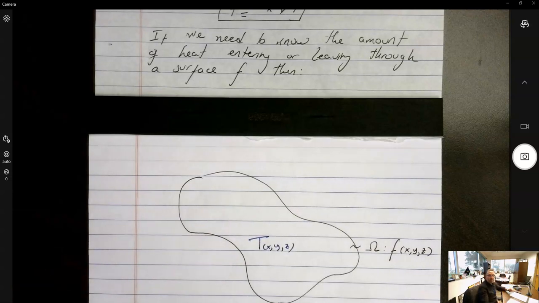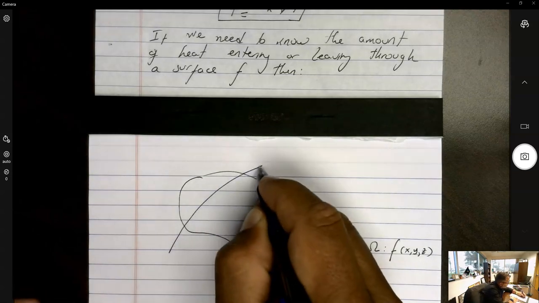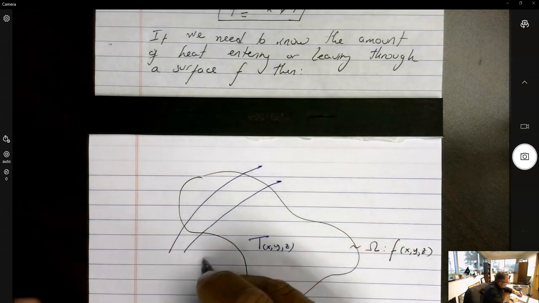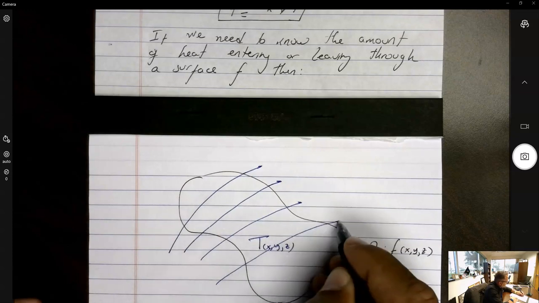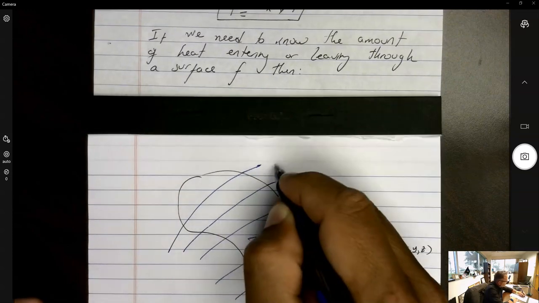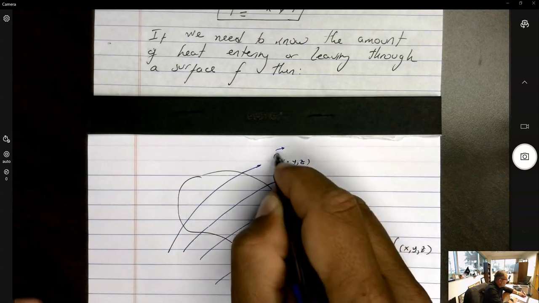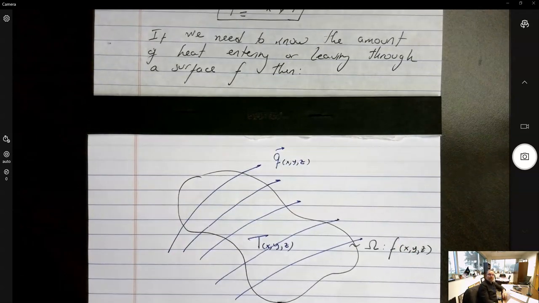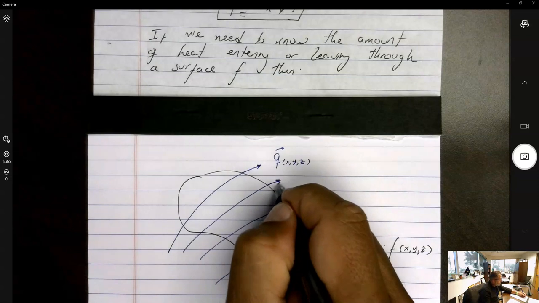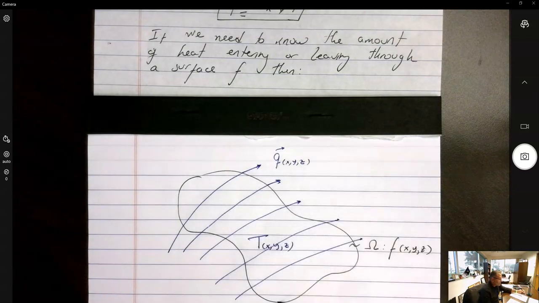Let's see, now it's three-dimensional. And that temperature distribution induces an energy flux, which we call the heat flux, which is also a function of x, y, and z. And it's also directionally dependent for vectors.